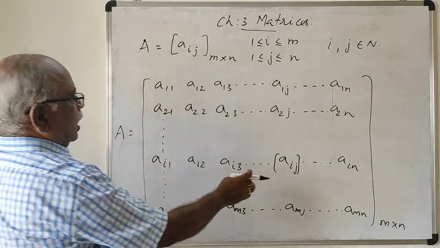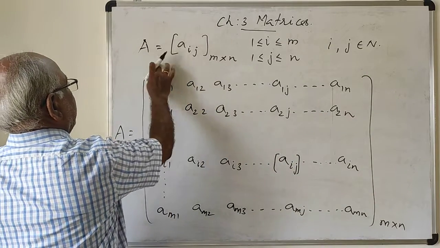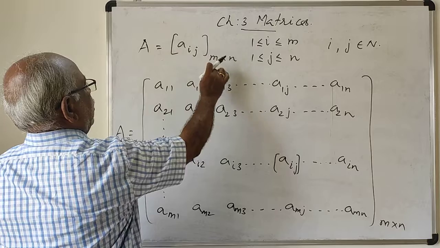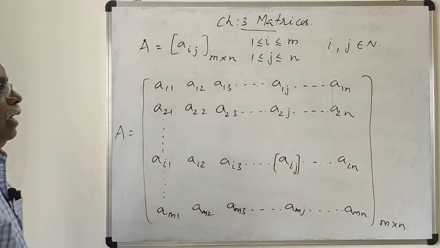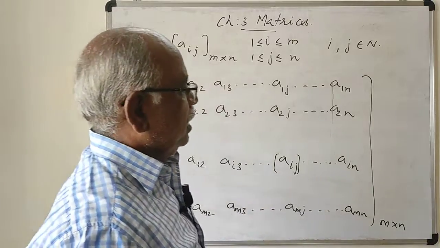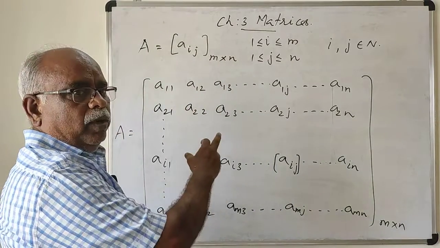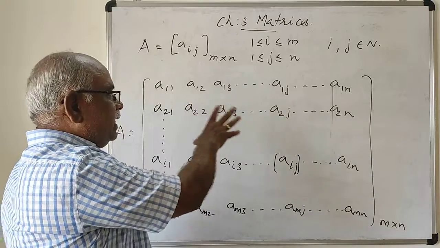Like that, this matrix is denoted by A equals Aij of order m by n. This is the general notation of a matrix of order m by n. So remember, this is the method of writing the elements of a matrix.